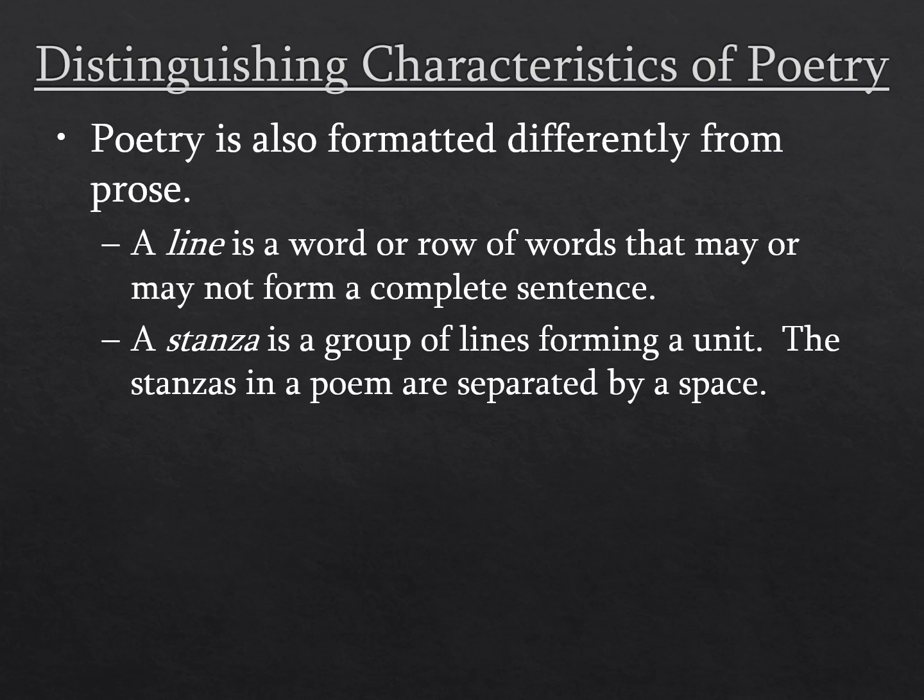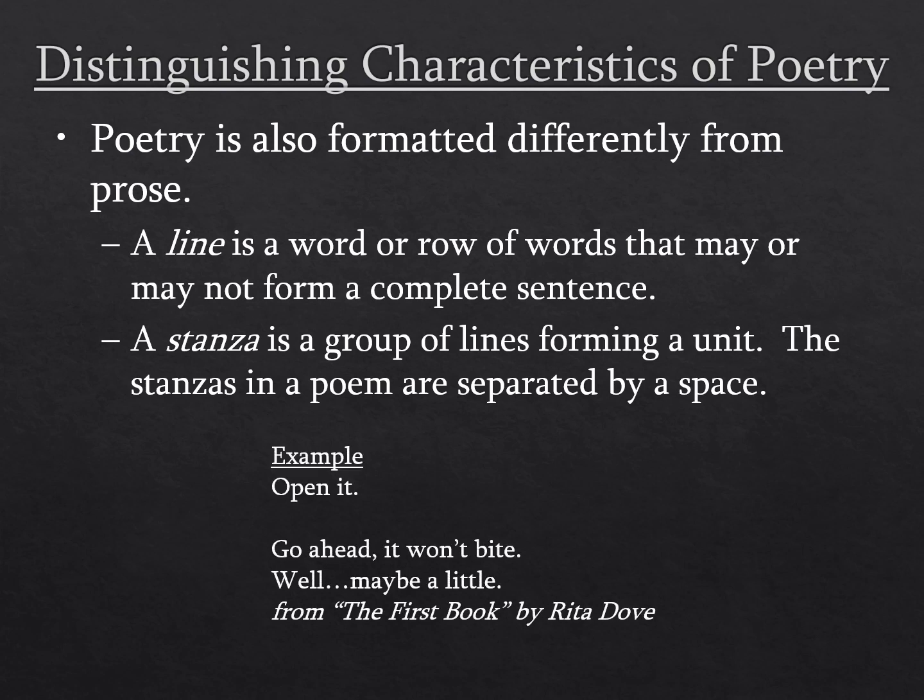The stanzas in a poem are separated by a space. Examples: "Open it," that is one line. This can also be interpreted in this example as one stanza. Next is "Go ahead, it won't bite. Well, maybe a little." That's the second stanza. This is from The First Book by Rita Dove.